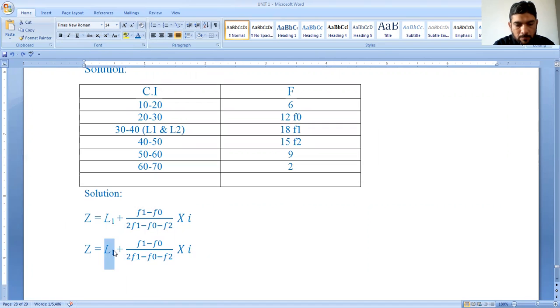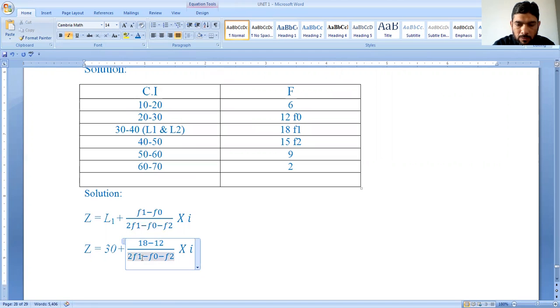Next, F1, the frequency with the highest value, is 18. F0 is the preceding frequency, that is 12.